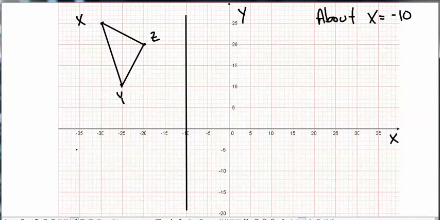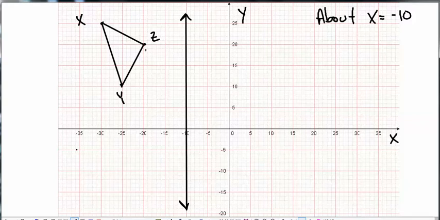That's your line of reflection now. Okay? So if they ask you to reflect it about the y-axis, well, the y-axis is your line of reflection. But if they ask you to reflect it about anything else, then that becomes your line of reflection. All right? Just remember, x equals lines are vertical lines, and y equals lines are horizontal lines.